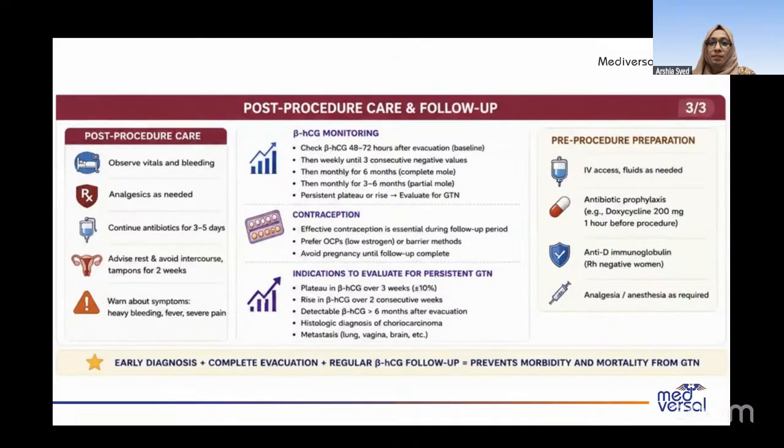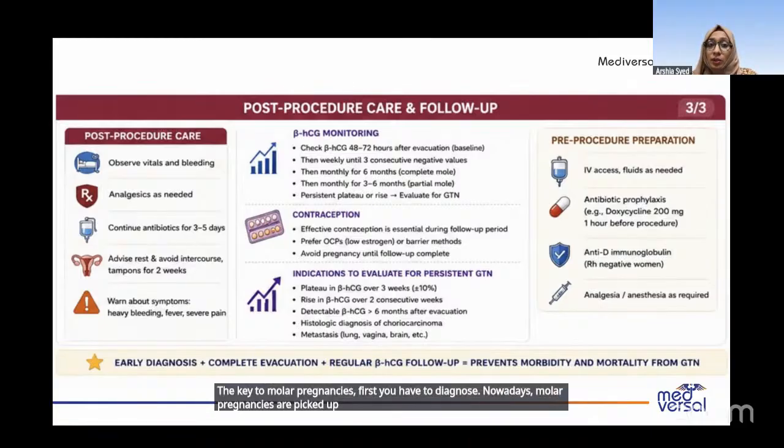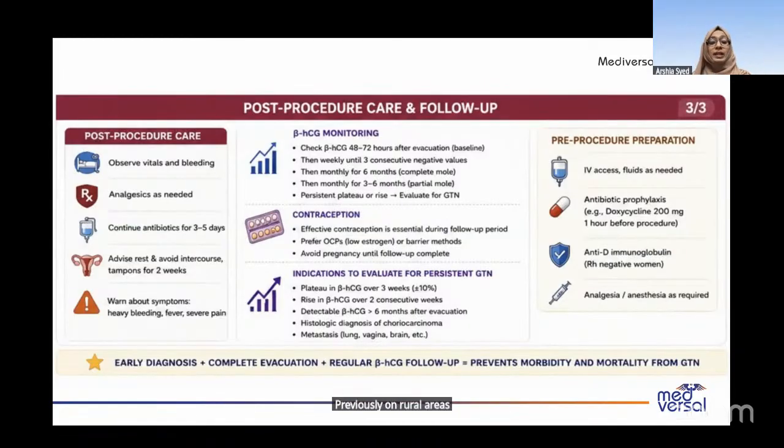So the key to molar pregnancy is first you have to diagnose. Nowadays, molar pregnancies are picked up earlier because we have ultrasound. Routinely for all pregnant patients, antenatally, in the first trimester, we do an ultrasound, so it can be picked up early. Previously, or in rural areas, molars were picked up very late.